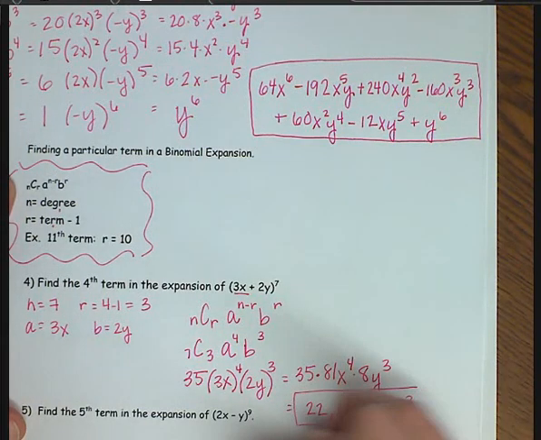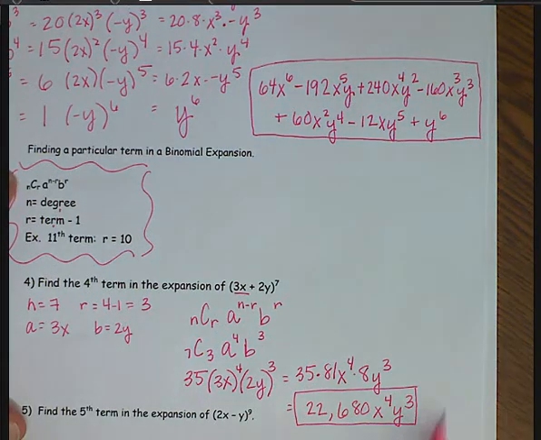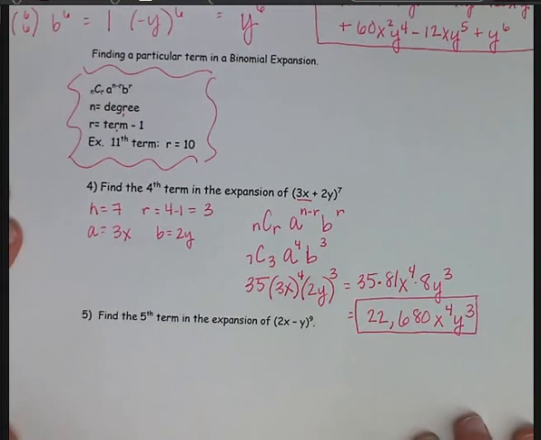So that will be the 4th term in the binomial expansion of this polynomial here. Okay? So you're just using that formula. Okay, let's try one more. Actually, why don't you try this one on your own, pause the video, and then unpause and check to see how you did.